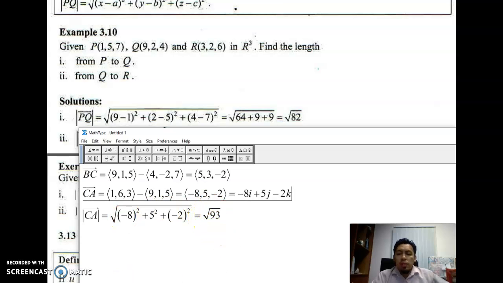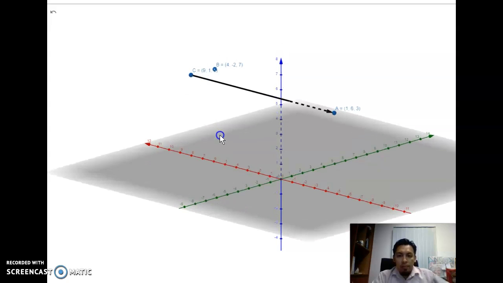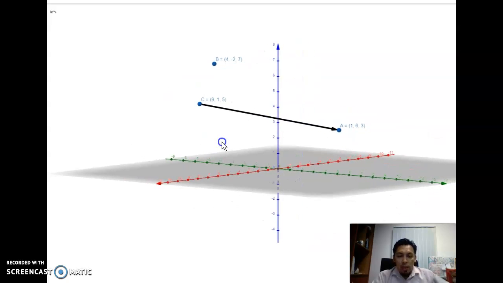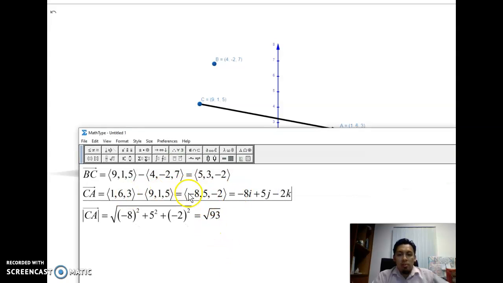So let's look at it graphically. Currently we are talking about C to A here. We already know that this length is root 93. Our mission now is to recalculate this vector, which is the difference from C to A, so that when we calculate its length, you will get 1.